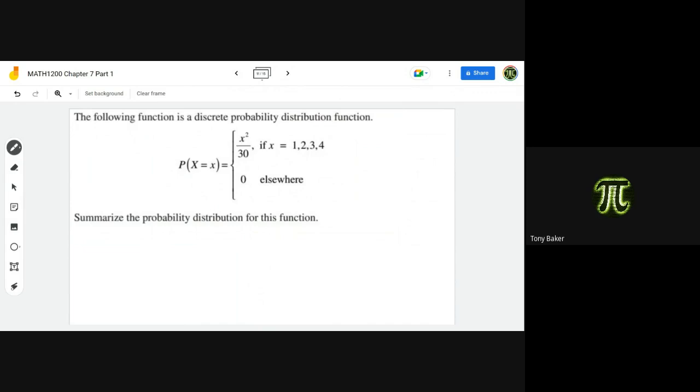So in this one, the probability would be x squared divided by 30 if x was 1, 2, 3, and 4. And anywhere else it's 0. So I don't necessarily care what the variable is in this situation, but what are the values of the variable?